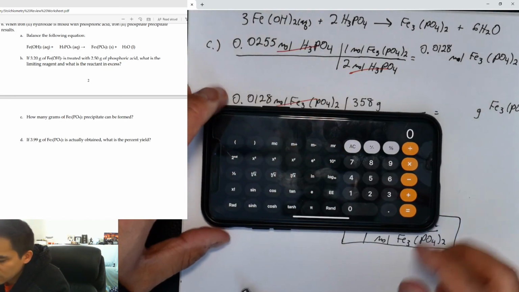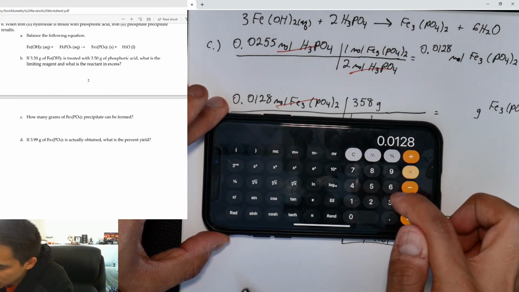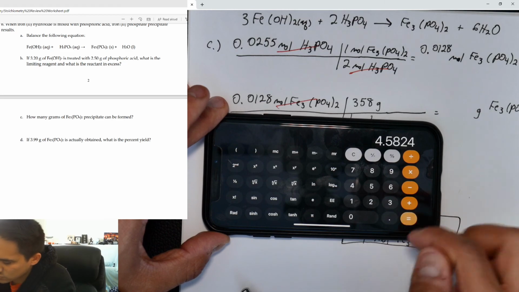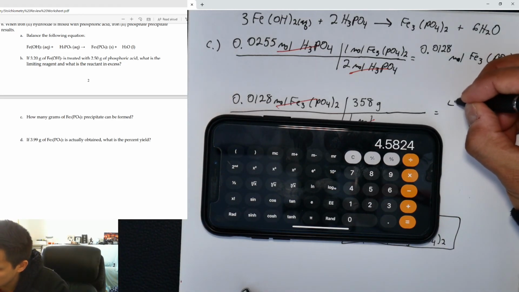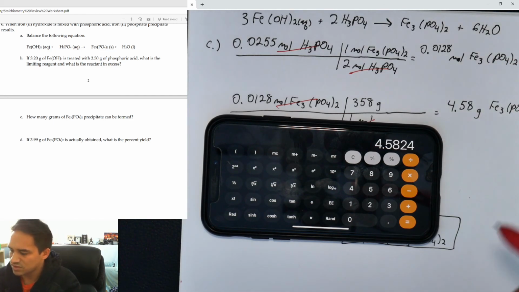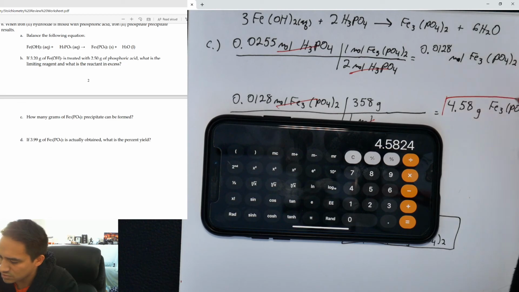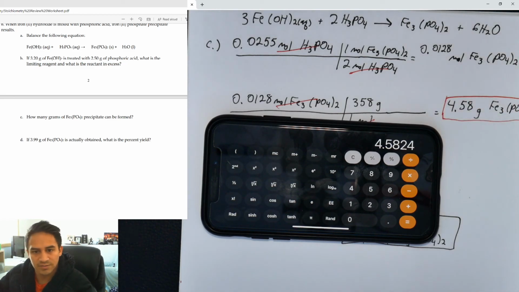And we will take 0.0128 times 358 equals, and again, rounding to 3 significant figures, we get 4.58 grams can be made. There is our answer. All right.